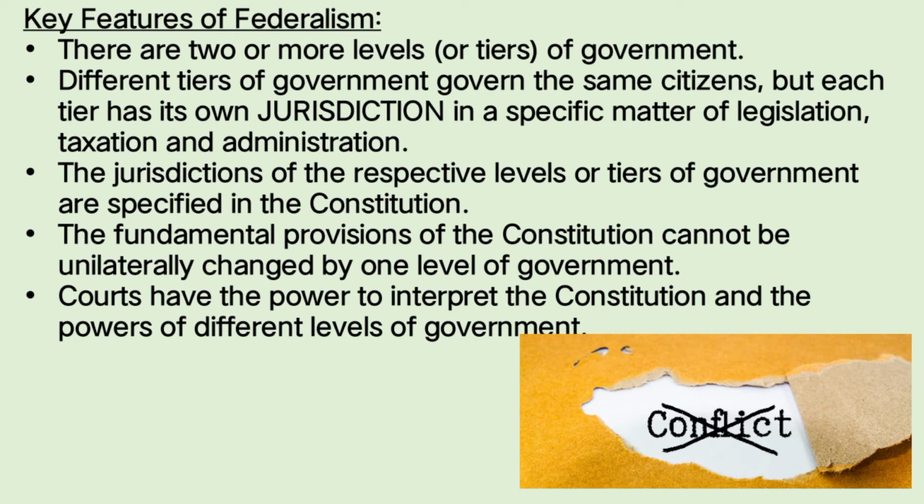What are the key features of federalism? That map was just an attempt to show how many countries are monarchies and how many are now federations or democracies. We can see that 95% of the world has transformed into democracy.